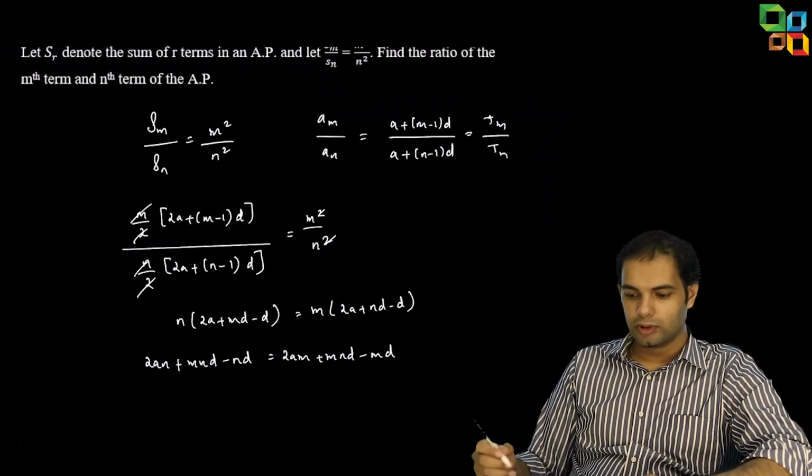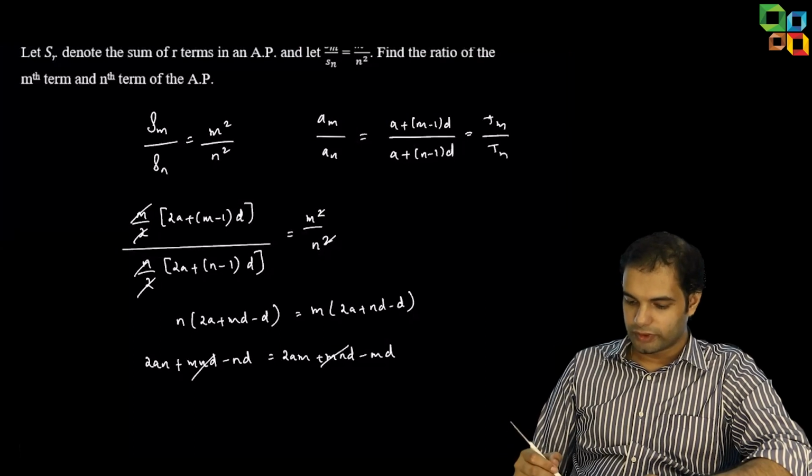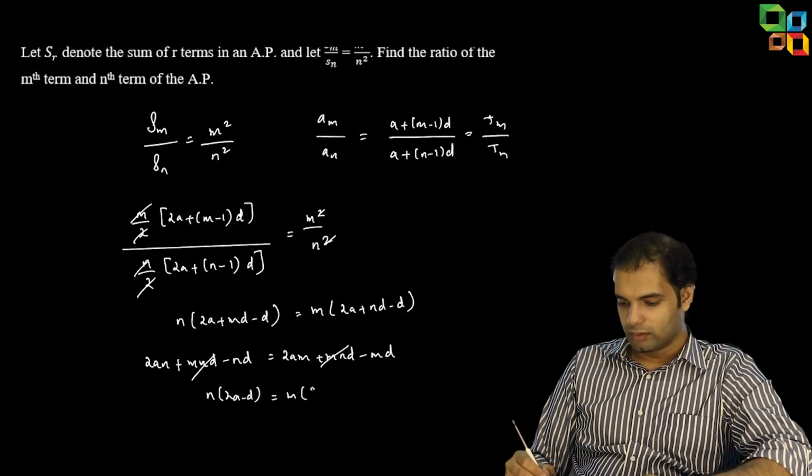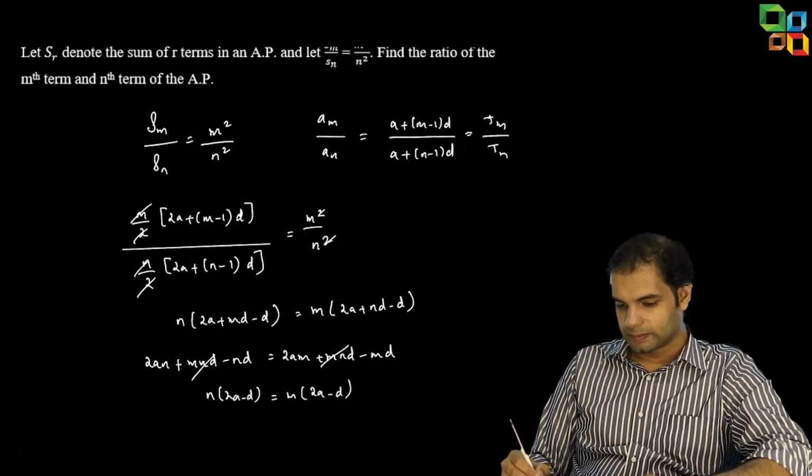Right? So one of the terms gets cancelled. We'll get the like terms to one side. So n is already common here, so let me take n. Do we get something? We'll see. If we don't, we'll take m into 2a minus d.